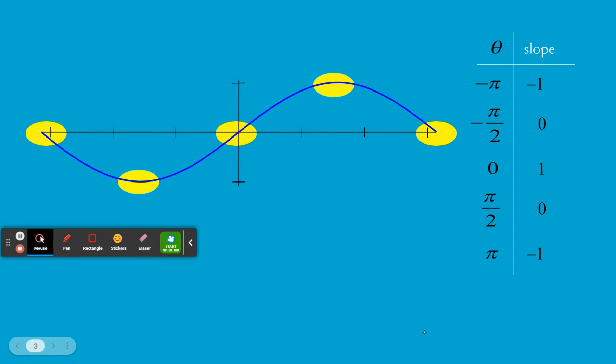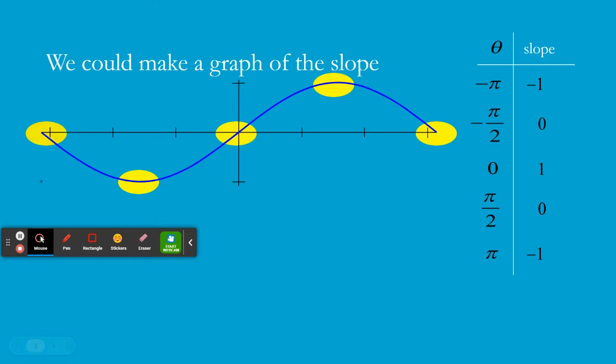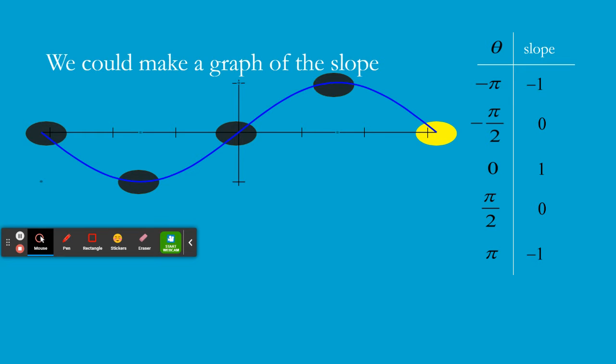Next, I'm going to make a graph of these slopes. So there's my slope graph, and I'm just going to draw in each of my points here. You probably can't see these points closely because the dots are very small, but I'm going to connect the dots so you can see.